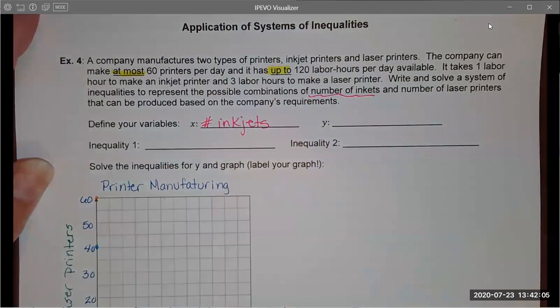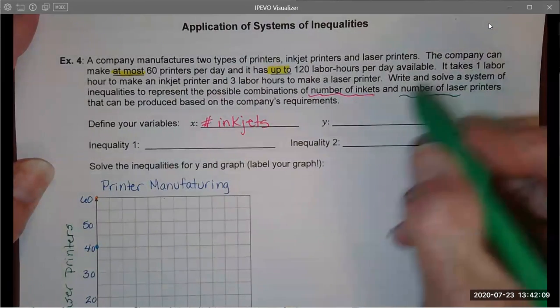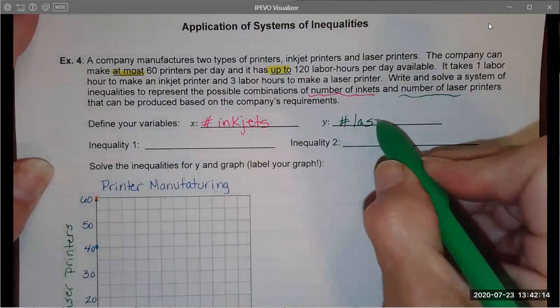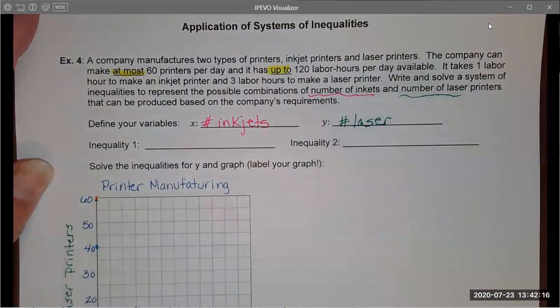The graph would look a little bit different, but the solution sets would be the same. Then it's asking me to find the number of laser printers, so I'm going to use that as my Y variable. And now I need to come up with 2 inequalities. I'm using inequalities because it talks about at most and up to. So I could make less than 60 printers in a day, and that would be okay.